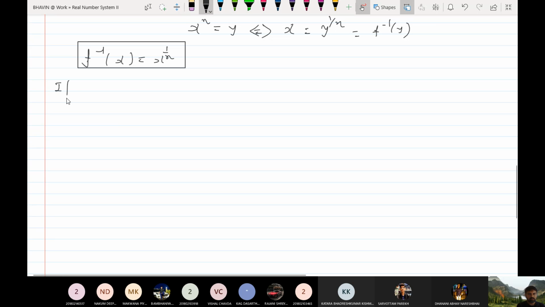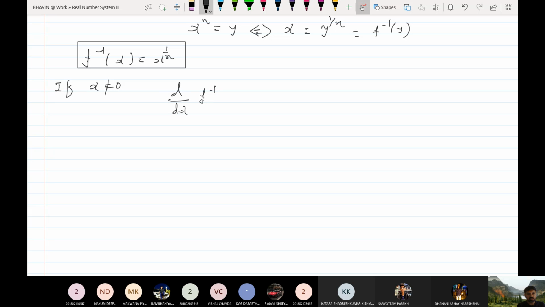So if x is not equal to 0, what is d by dx of f inverse x?